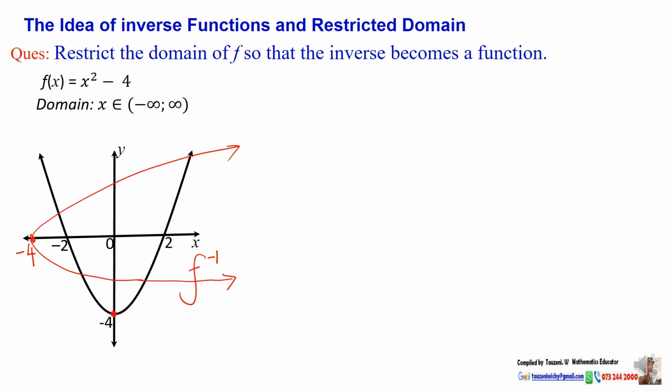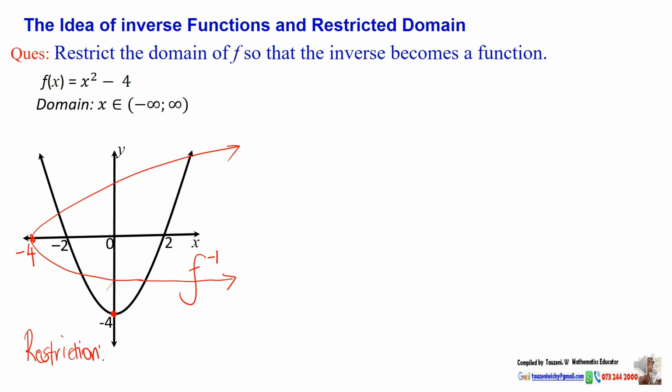Now, if an instruction says to you, like this question that I have here, restrict the domain of f so that the inverse becomes a function, this is what it means, and this is what you do. The restriction that you write down as your answer, write down one restriction on the domain of f so that the inverse will become a function.